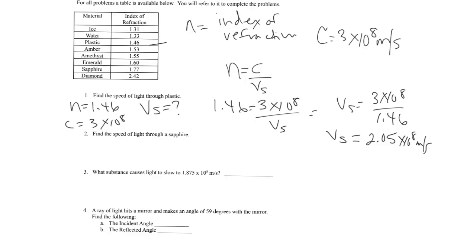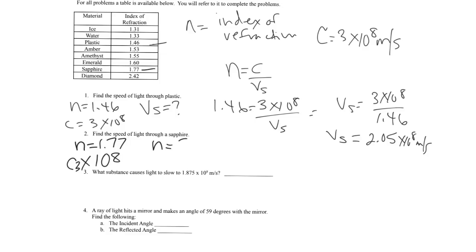Next, we're going to find the speed of light through a sapphire. We are still going to be using the same equation that we just used, N equals C over Vs. If we look in the table, N for sapphire is 1.77. Speed of light in air is still going to be 3 times 10 to the 8th.